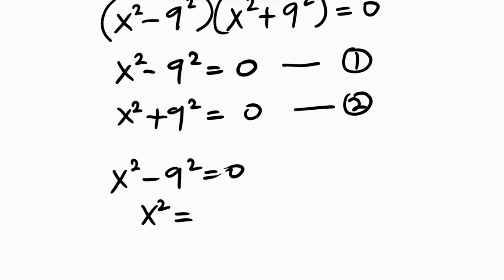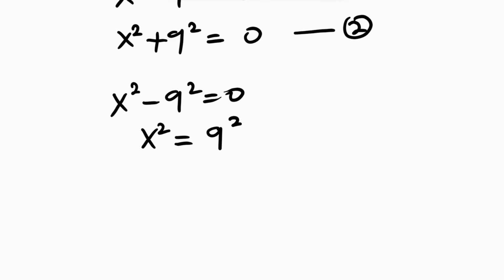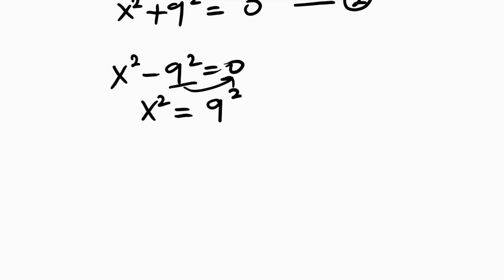Now, using equation 1, we have x squared minus 9 squared equals 0. X squared is equal to 9 squared. If we add 9 squared to both sides, how do we find x? We take the square root of x squared. So we're taking square roots of both sides.